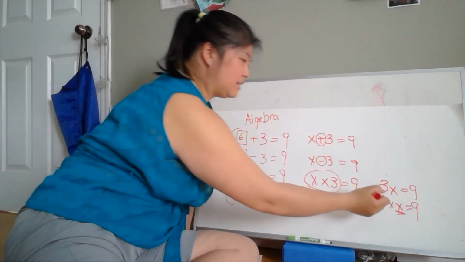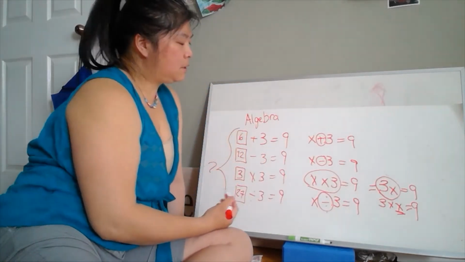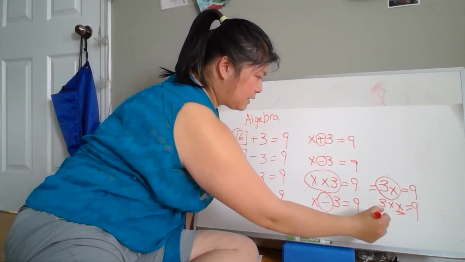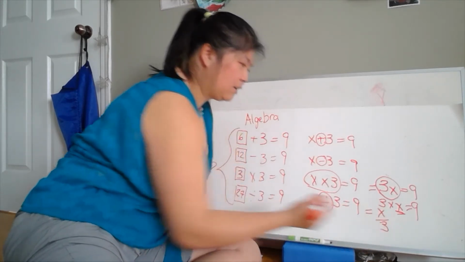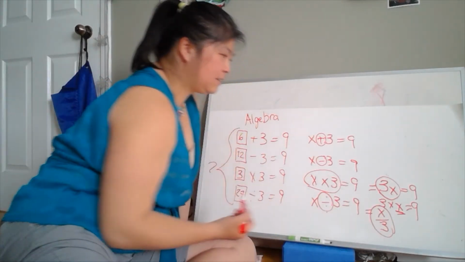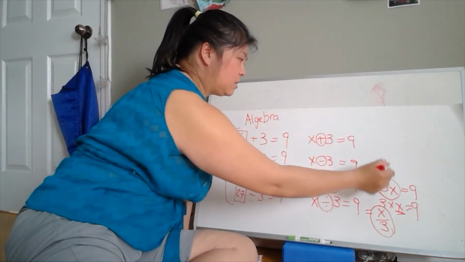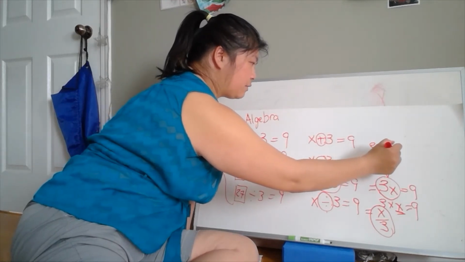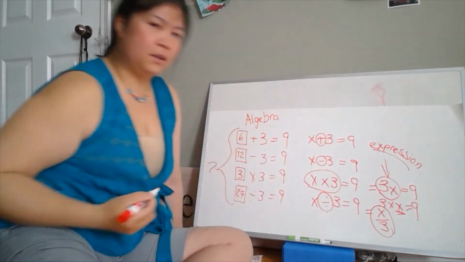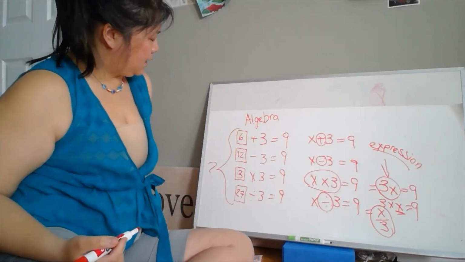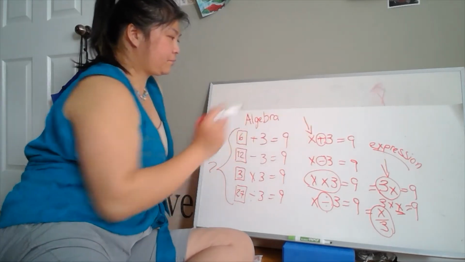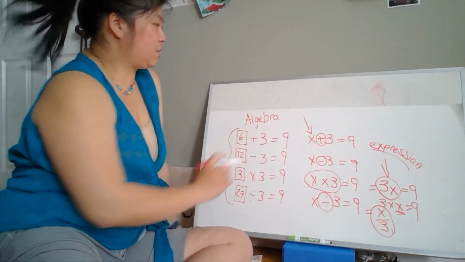But we write them as 3x. Similarly, this one is the same as x divided by 3. When you see it this way, these are called expressions. Now, what is this letter here? These are called variables.